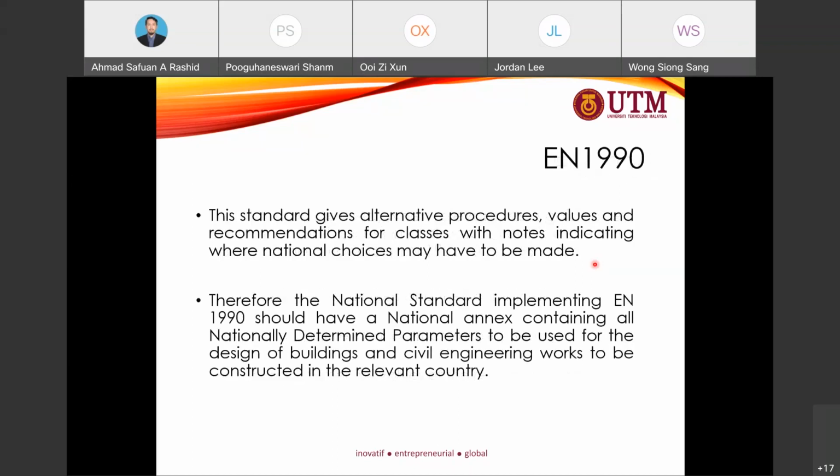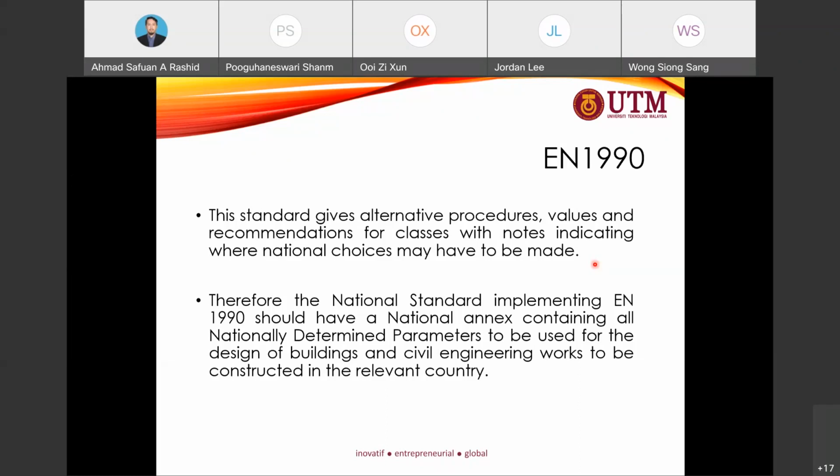So this standard gives alternative procedures, values, and recommendations for classes with notes indicating where national choice may have to be made. Therefore, the national standard implementing EN 1990 should have a national annex containing all nationally determined parameters to be used for the design of buildings and civil engineering works to be constructed in the relevant country.